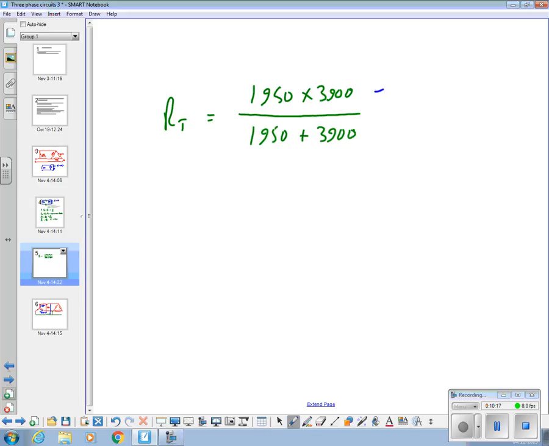This bit being the product and this bit being the sum. And that's just a little bit more succinct way of writing it. Takes less time, less paper, less time in the exam.